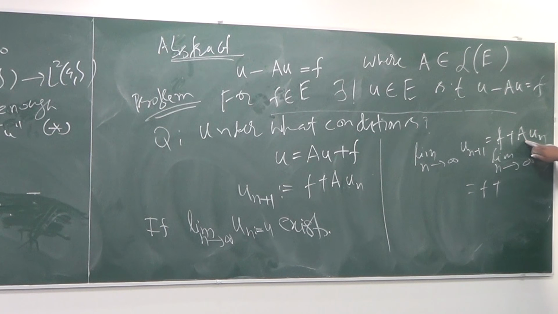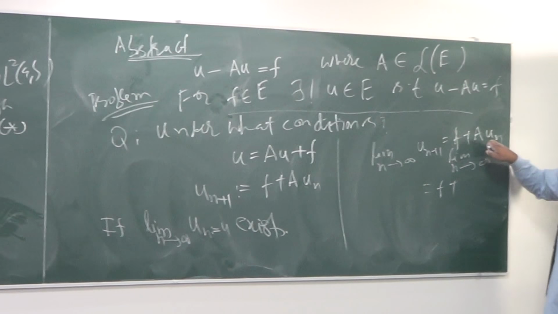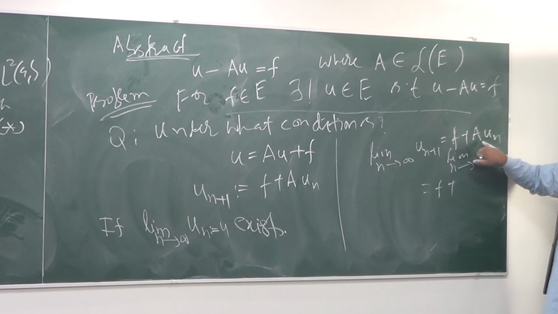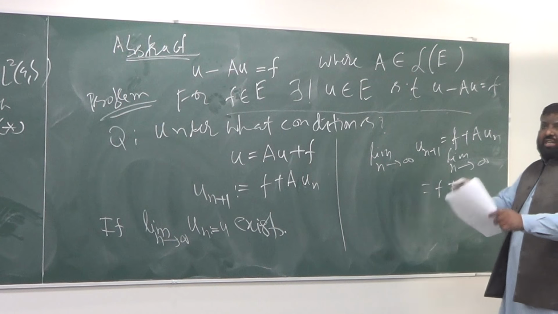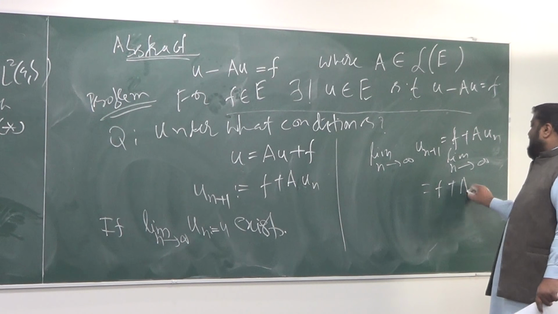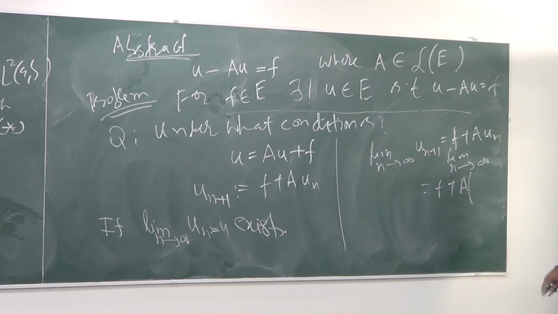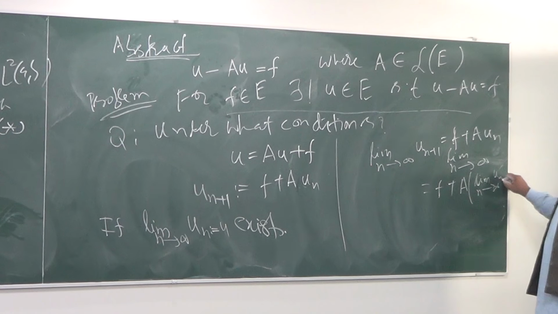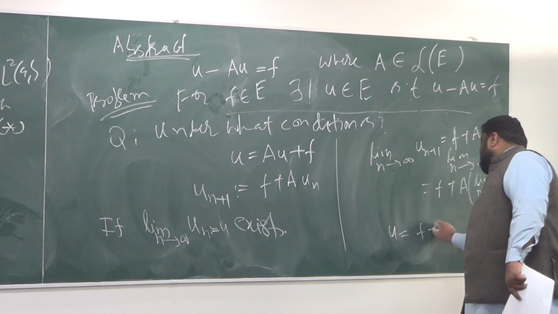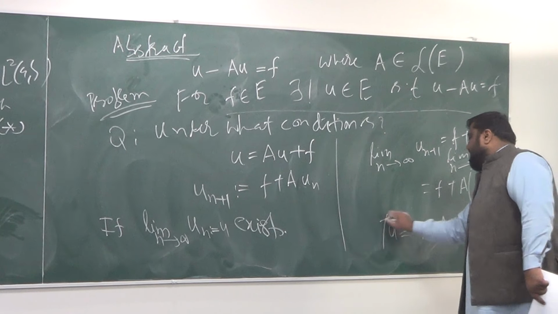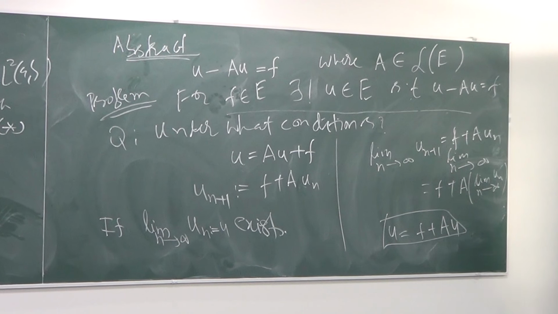Since A is bounded, I can take this limit inside of this bounded operator. It's linear and bounded, so it's continuous. For continuous maps, I can throw the limit inside. So from the continuity, you get a solution u equals f plus A u. So by this iterative process you can get a solution.